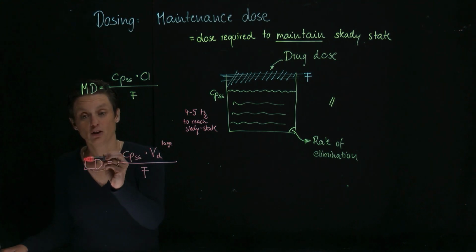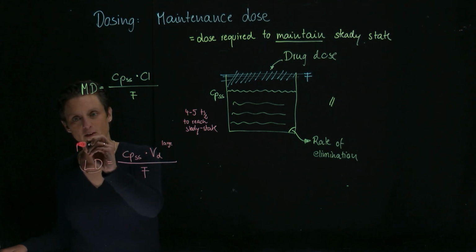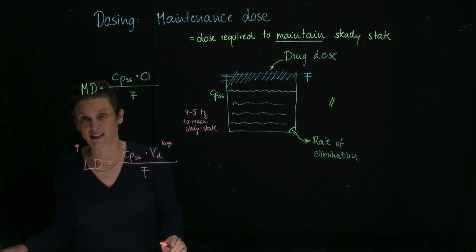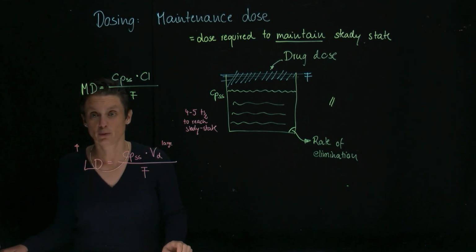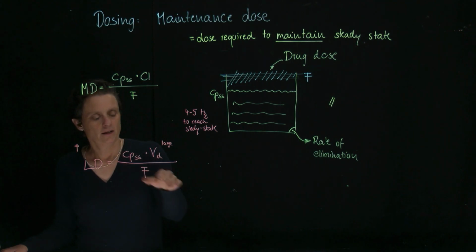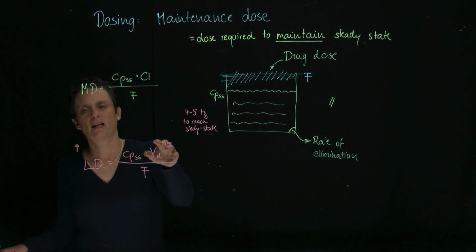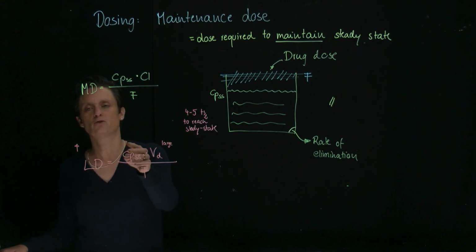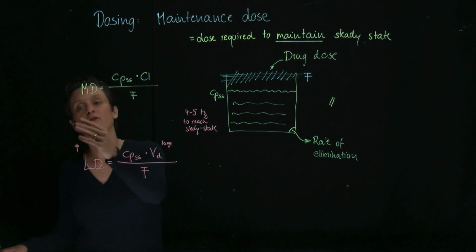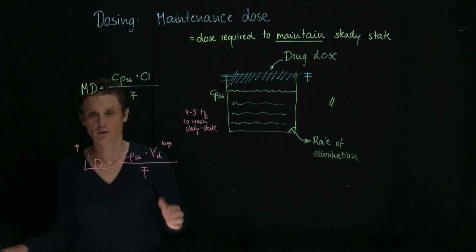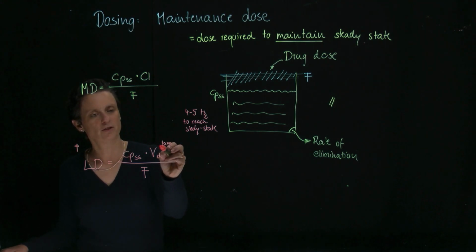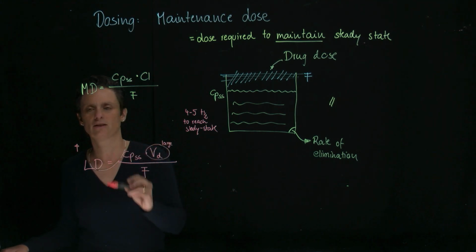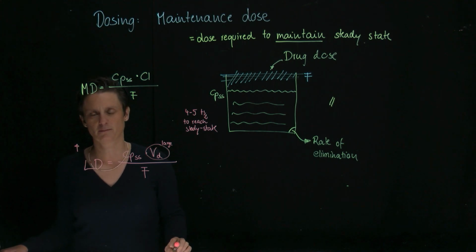So that means your loading dose will most likely be very high in order to get to steady state very quickly. You can also do the opposite. If you have a very low volume of distribution, well, then the concentration in the plasma is going to be high and you need a lower loading dose to reach it. Importantly, you need to calculate in the volume of distribution because that matters.